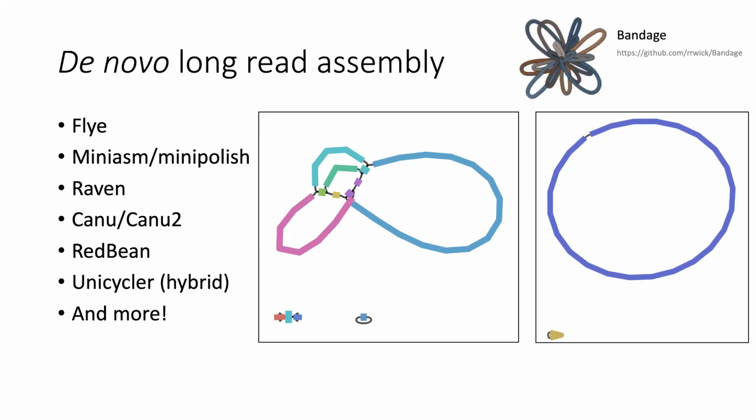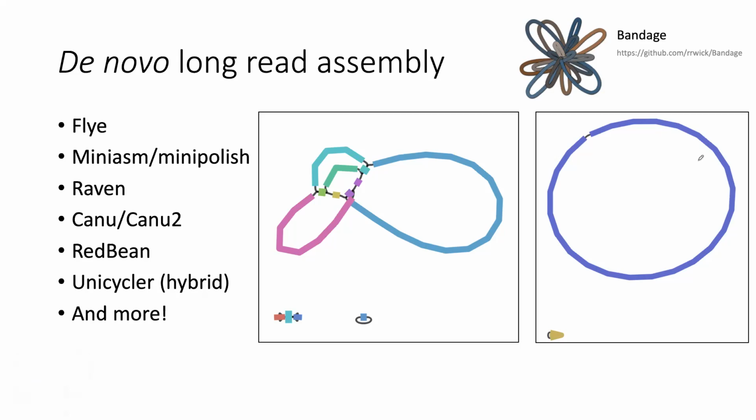So at this point in time, I'm going to introduce Bandage. These two graphs here are the outputs of Bandage. Bandage looks at what contigs are mapped to other contigs.